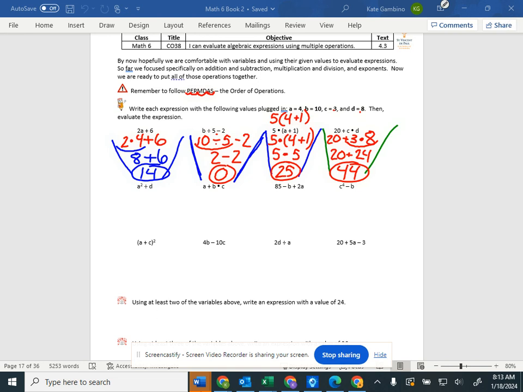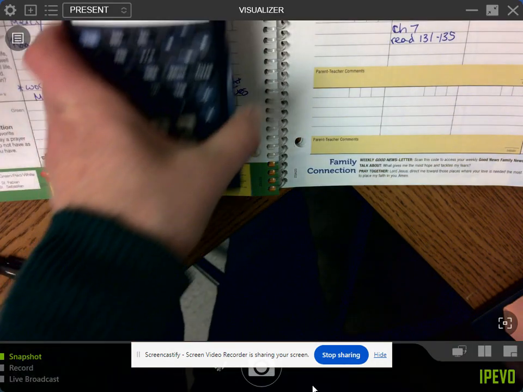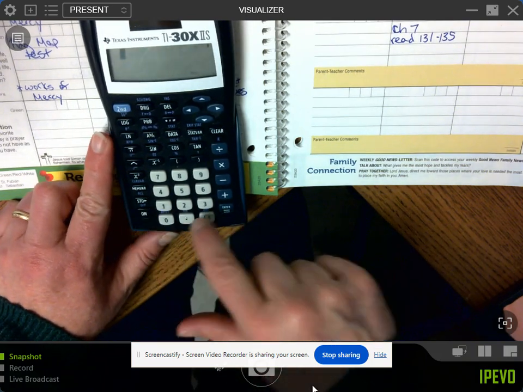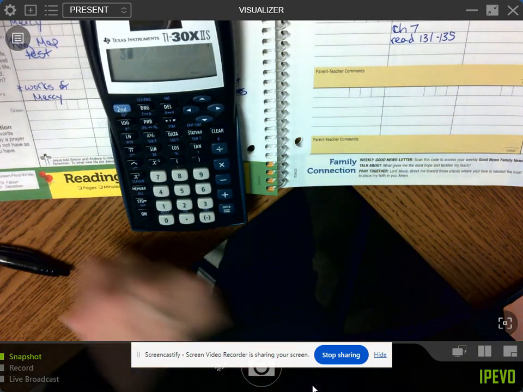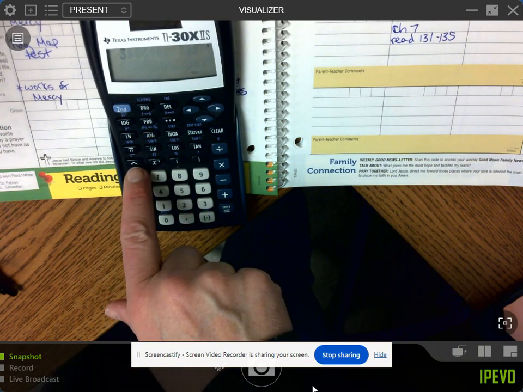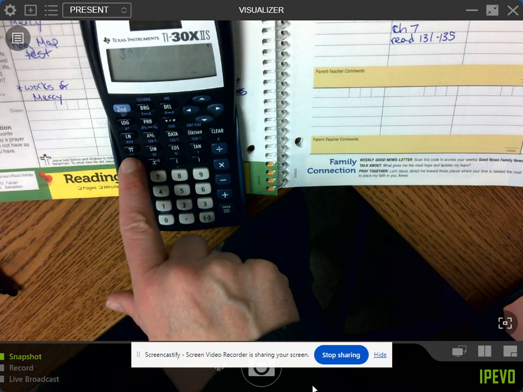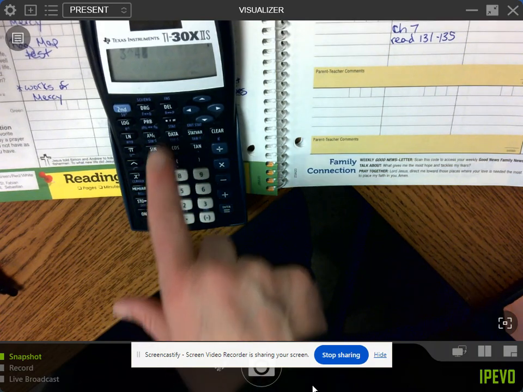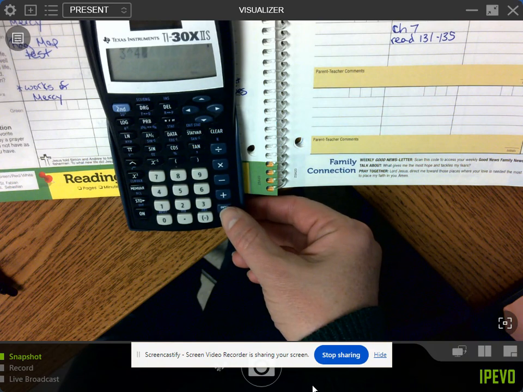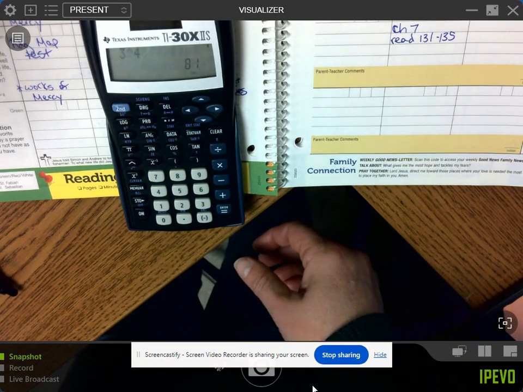So on your calculator, if we had 3, that's your base number, the big number. Then you do the little arrow button. You press that, and then it's to the fourth power. So it would be 3 to the fourth power, and then you hit equals. Okay? Yep.